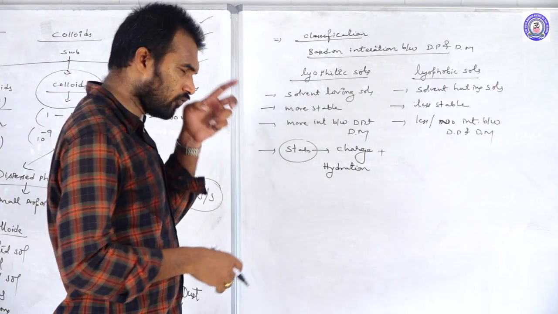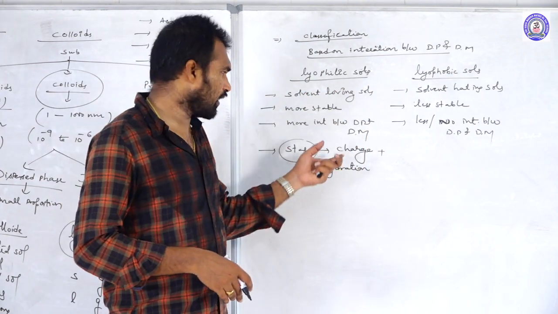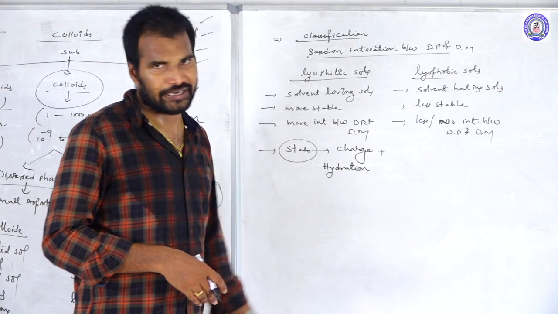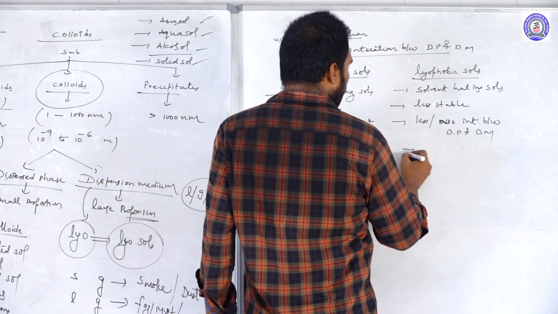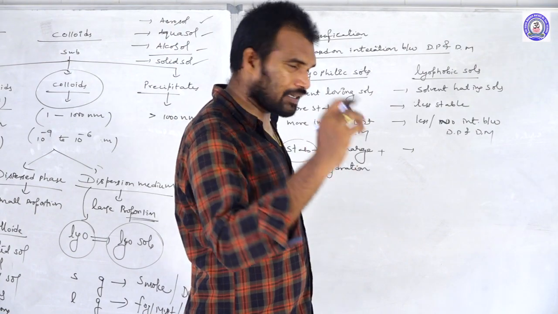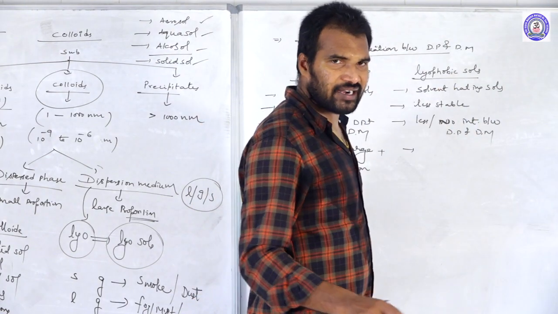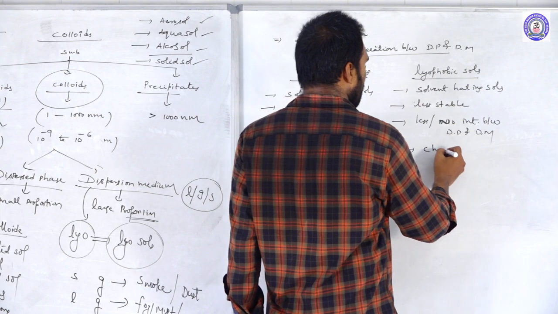Two factors behind the stability: one is the charge and the second one is hydration. But lyophobic sols are less stable. That less stability is because of only one factor, that is only charge.